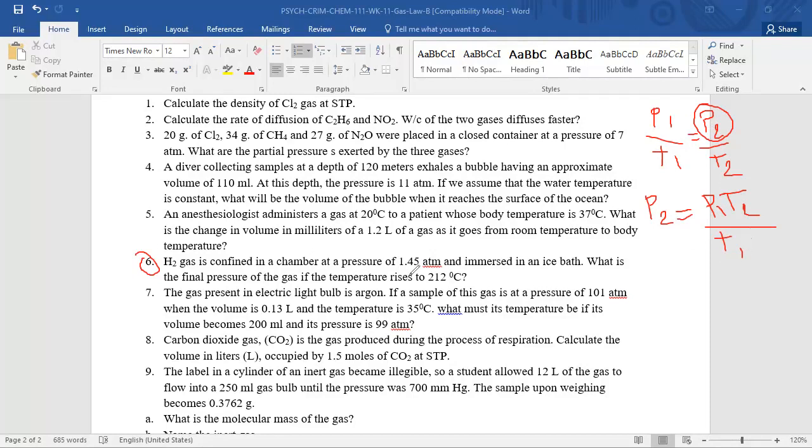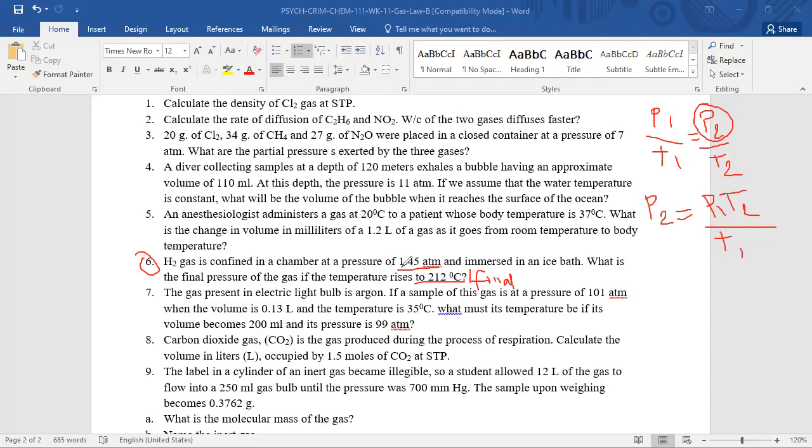Okay. So, 1.45 atmospheric pressure yung ating P1. Immersed in an ice bath. What is the final pressure of the gas if the temperature rises to 212 degrees Celsius? Meron tayong final na temperature. Walang given na initial temperature. So, basahin nga natin kung wala ba talaga.